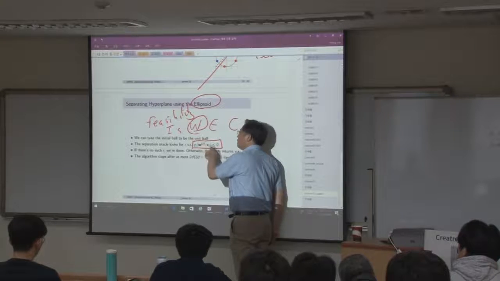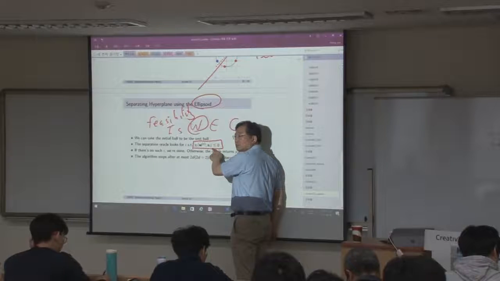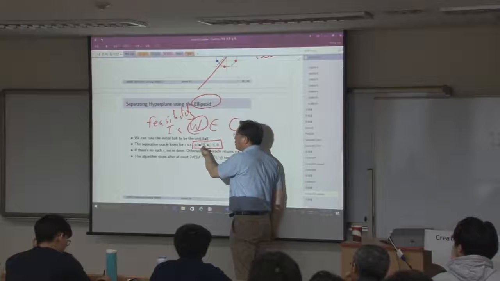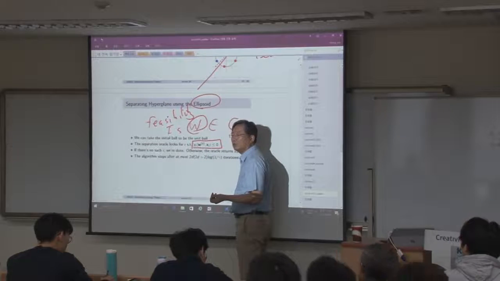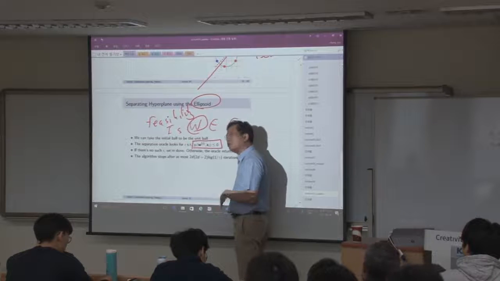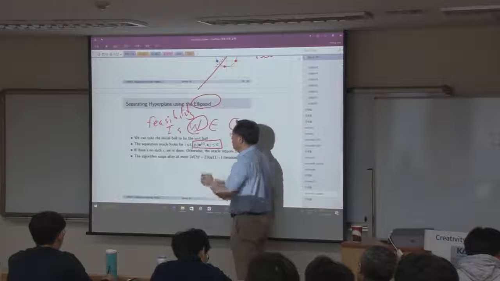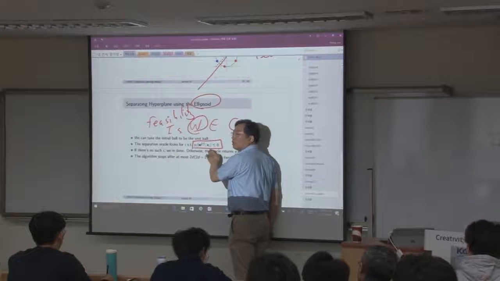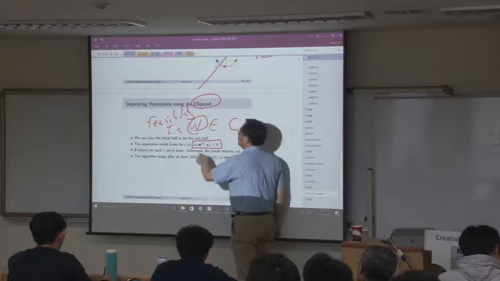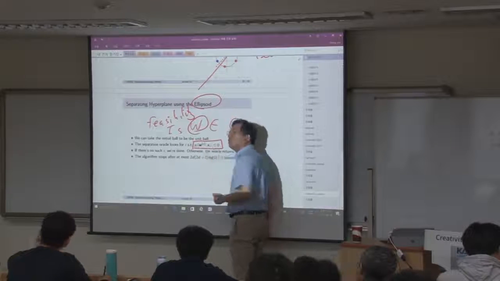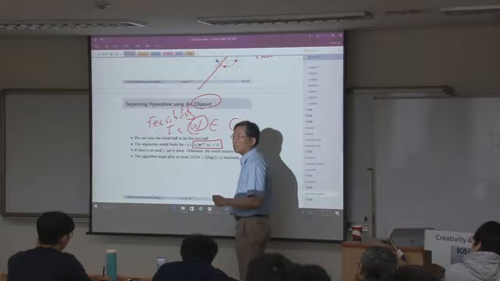Then is W_t in C? If W does this, is it in C? No. If it's in C, all of this has to be positive. It goes through all the data, and says, oh, there's one that is not satisfied. So it's not in C, right?